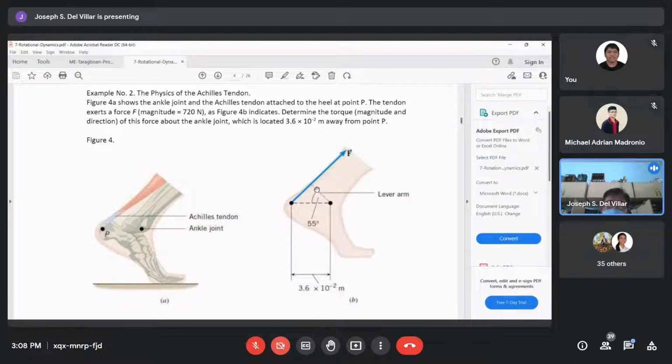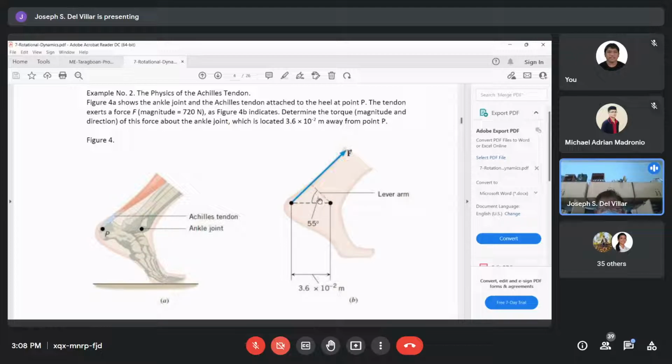Okay? So that is at 90 degrees too. Okay? So the angle is given also, 55 degrees, the angle of the lever arm with respect to the horizontal. So ibig sabihin, itong lever arm has 55 degrees with respect to the horizontal line connecting point P and the ankle joint. Okay?